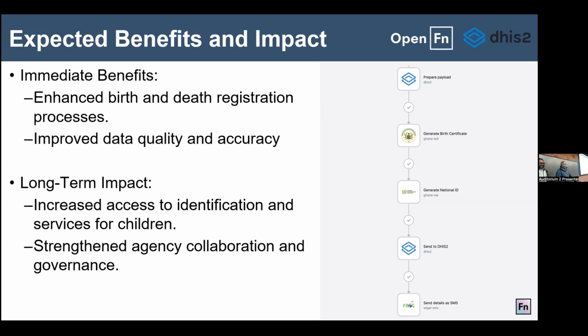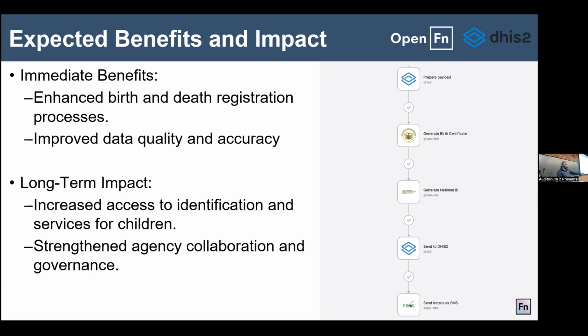We have some benefits we are going to get. Of course, we are going to get a birth certificate or a national ID right at the point of registration of every child in a health facility. And that will improve data quality because this is going to reduce a lot of human intervention. Once the data is captured once and it passes all the necessary checks, we have an ID.